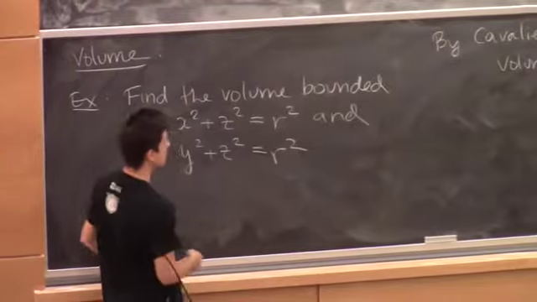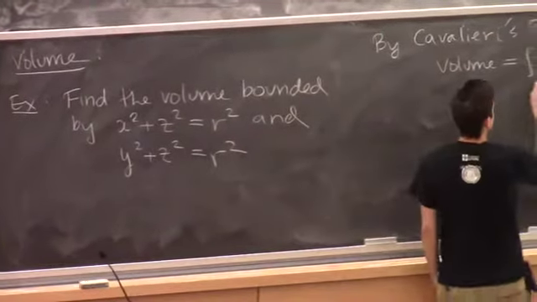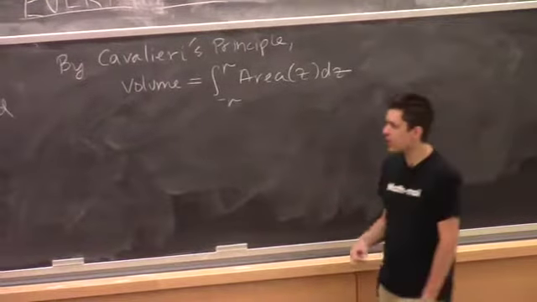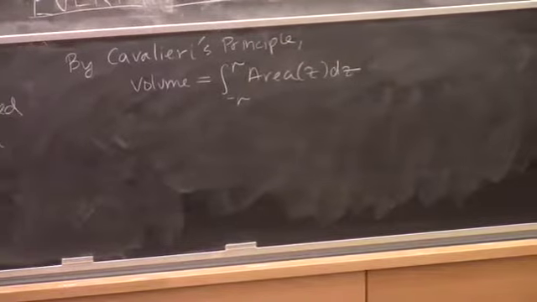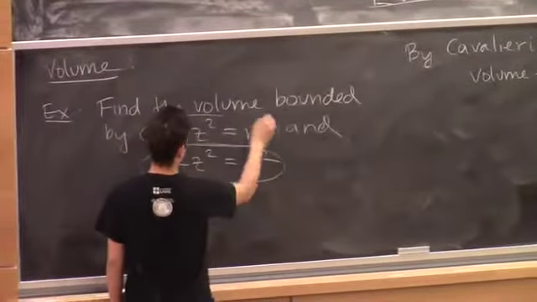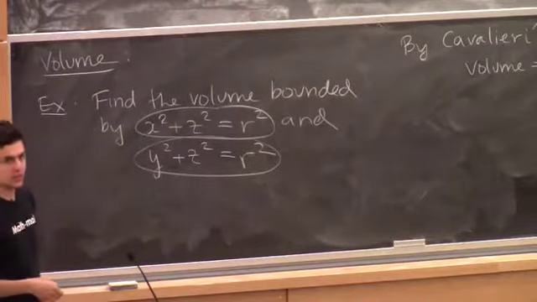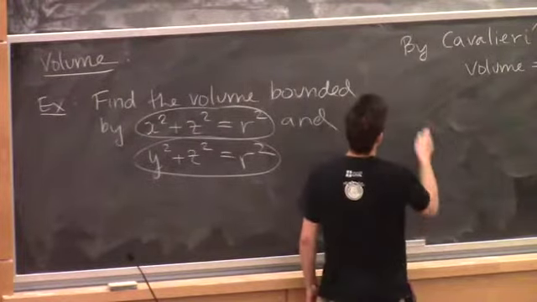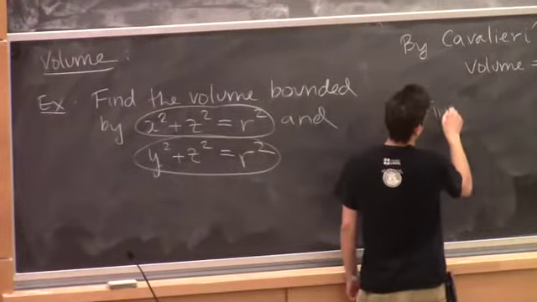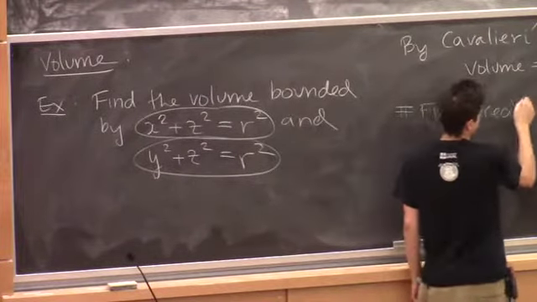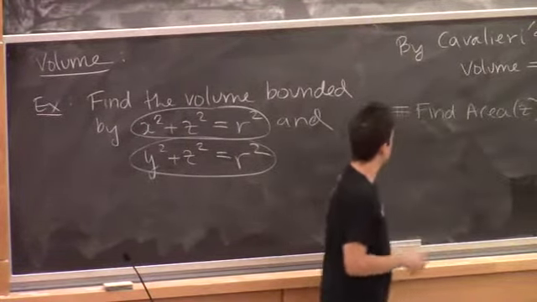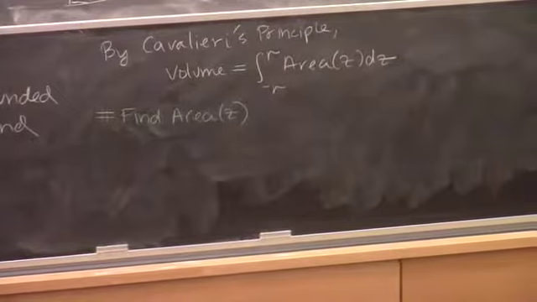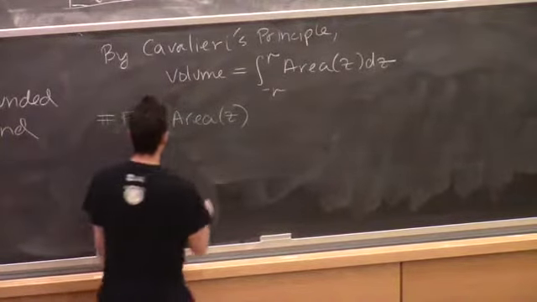The lowest value z can be will be negative r, and the biggest value that z can be will be r, because we're on these circles of radius r. So we get the following guy. Now we need to find the area. To find what region in the plane we're looking at, we're going to solve for x and y.